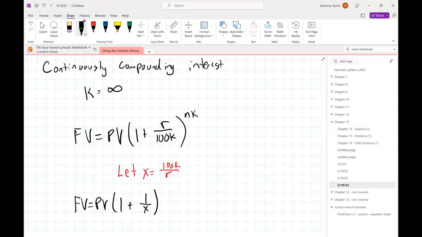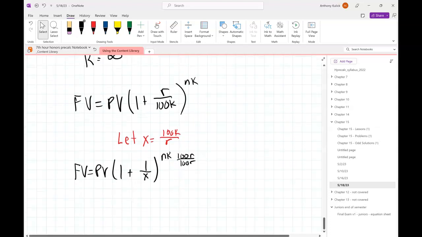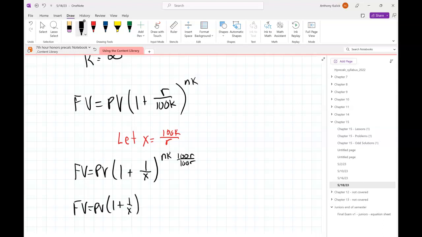And the numerator, I have nk. I'm going to multiply that by 100r over 100r so that I can rearrange that numerator to be 100k over r times rn over 100.